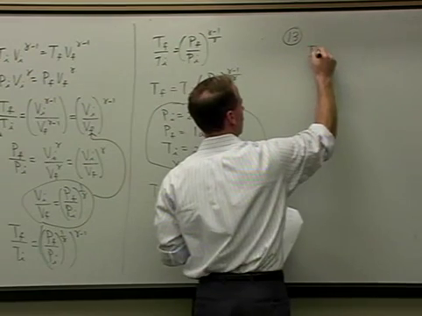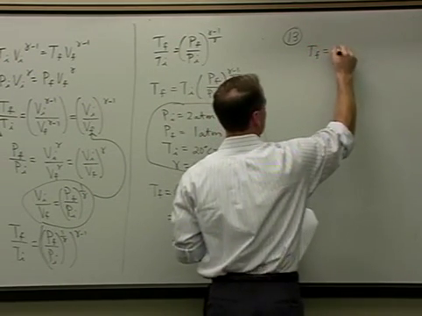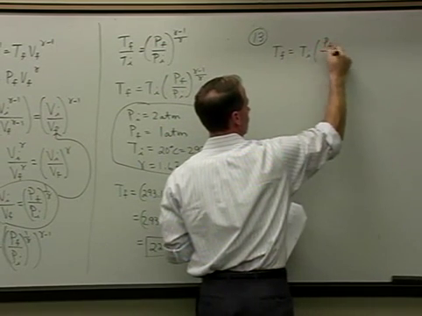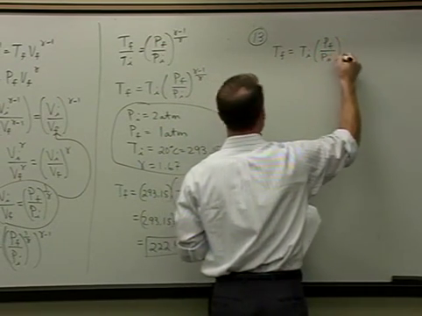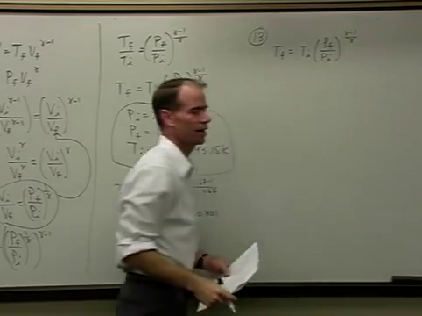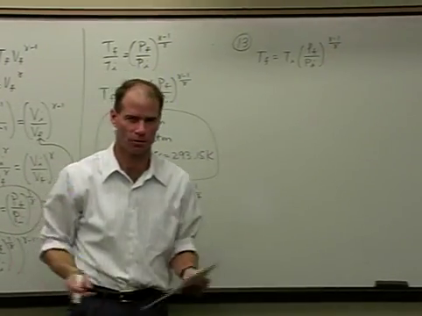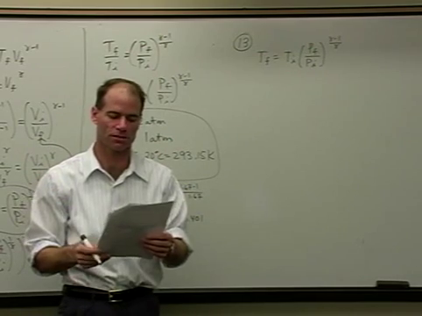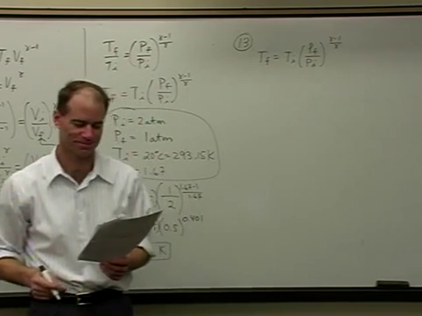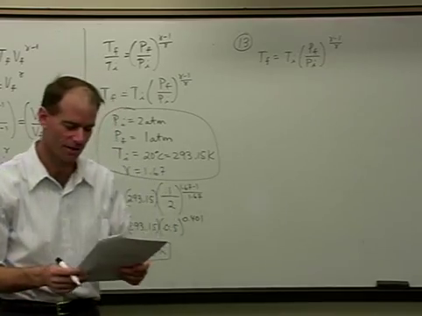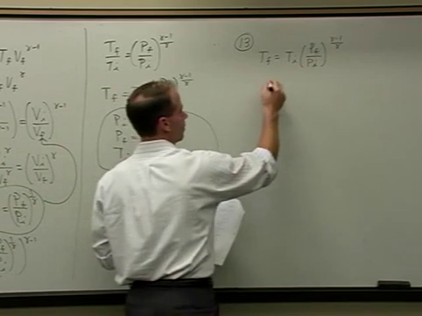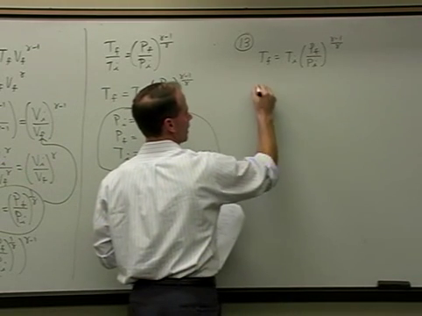So we have T final equals T initial times P final over P initial to the (gamma minus 1) over gamma. Probably not one of your regular formulas. You probably won't see this in your book, so it's probably one that you can have around, possibly on your formula card.